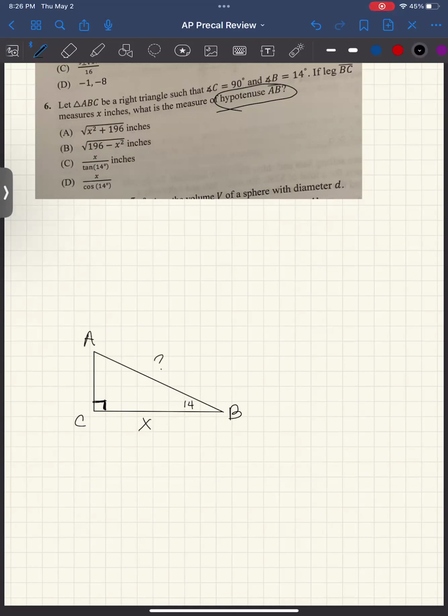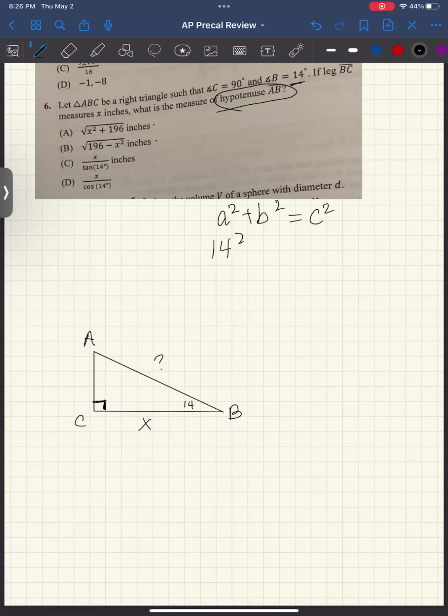So now options A and B are them trying to trick you, because what they're actually doing is using the Pythagorean theorem. But the way that they're doing it is they're using 14 degrees as one of the lengths.